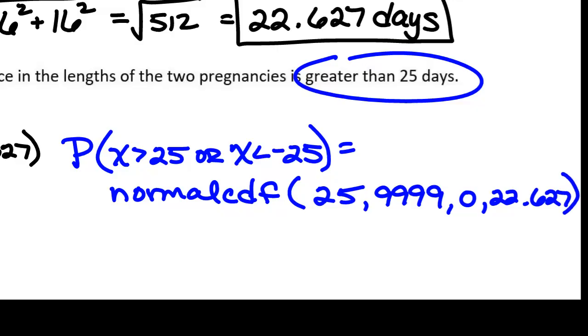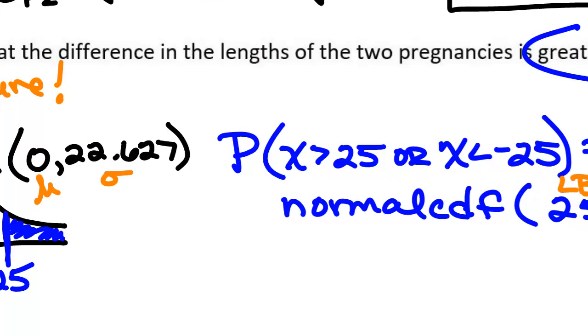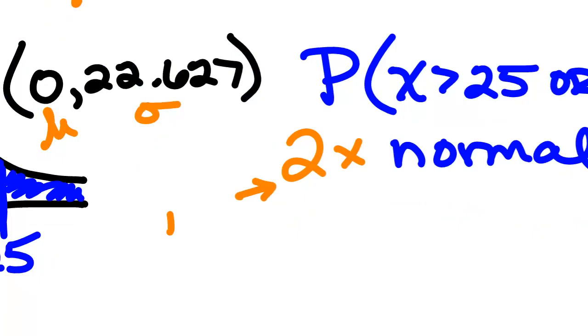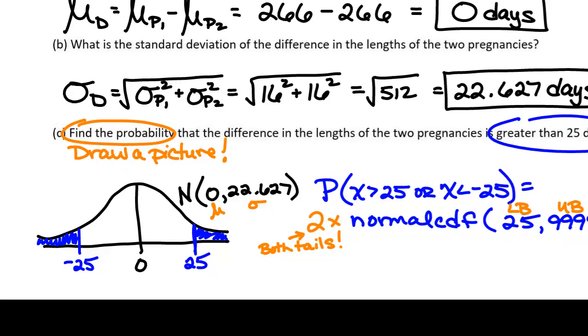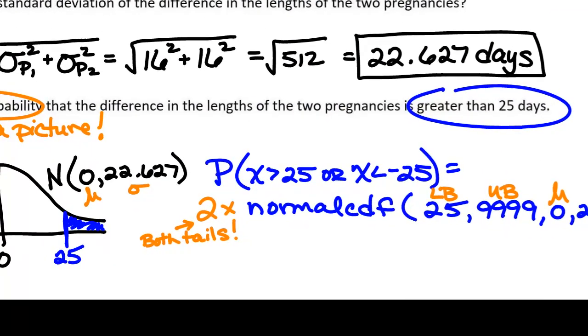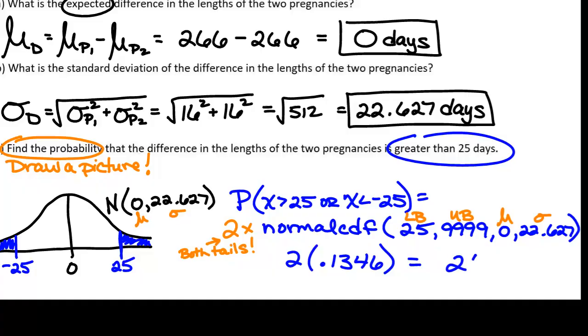So here's my lower boundary, upper boundary, mean, and standard deviation. But then I'm going to take this answer and times it by 2 because we have 2 tails. So I end up with 2 times, this comes out to be about 0.1346. So we get about 0.2692.